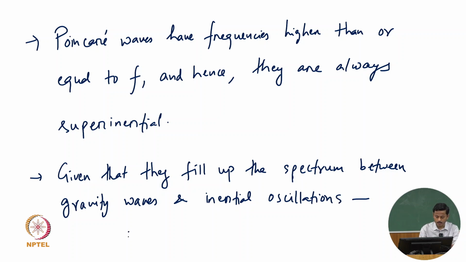They are called inertia gravity waves. As we saw, there are two extreme limits.